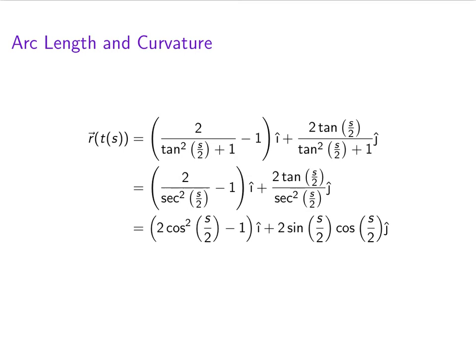The j component, if you just work out tangents and secants, you end up with 2 sine of s over 2 cosine of s over 2. And both of these can be worked out using a double angle formula. We can double the angle and end up with cosine s times i plus sine s times j. If these are not trig identities that you're familiar with, you may need to go back and review some of these trig identities.